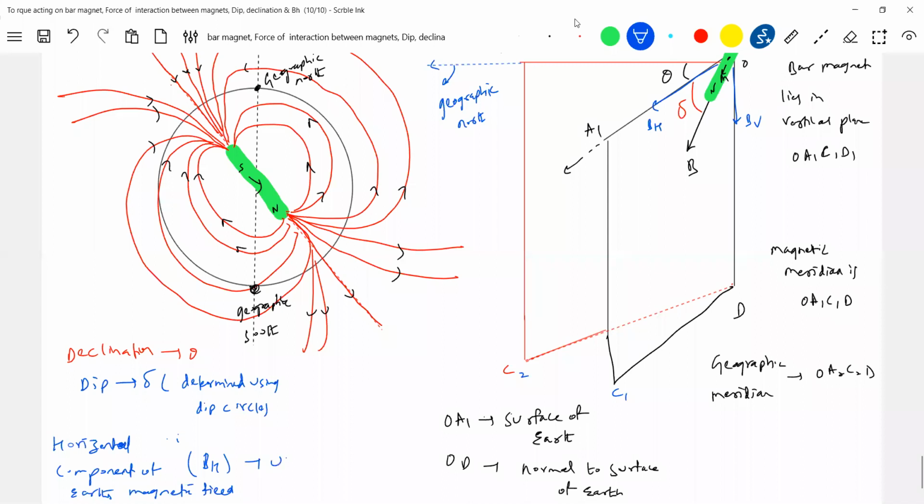Don't ask me, sir, why are you finding out this, because in my day-to-day life I don't have any use of this magnetism.